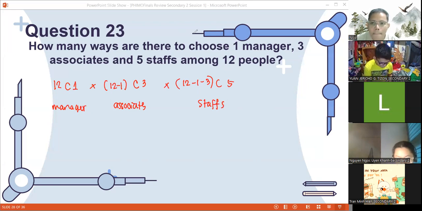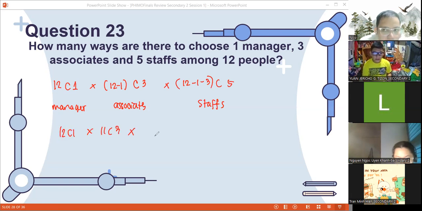Okay, so that is 12C1. That is just 12 times 11C3. That is 11, so 165. You know how to use this one, right? It's 12C1, 11C3, then this is 8C5. So this is 12, this is 11, 3, 8, correct?